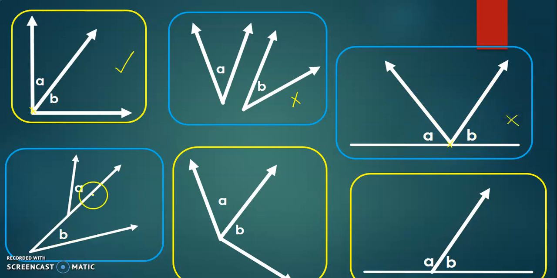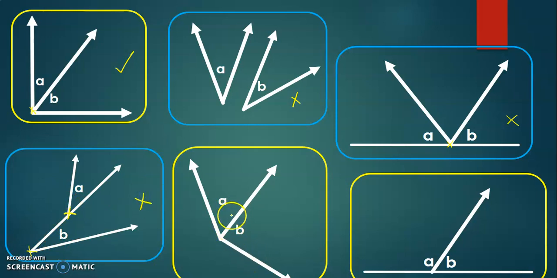Now, for this example down here, yes, these two angles share a side over here, or a line, or a ray if you want to call it, but they do not share a vertex, because here is the vertex for A, and this is the vertex for B, so these two angles are not adjacent.